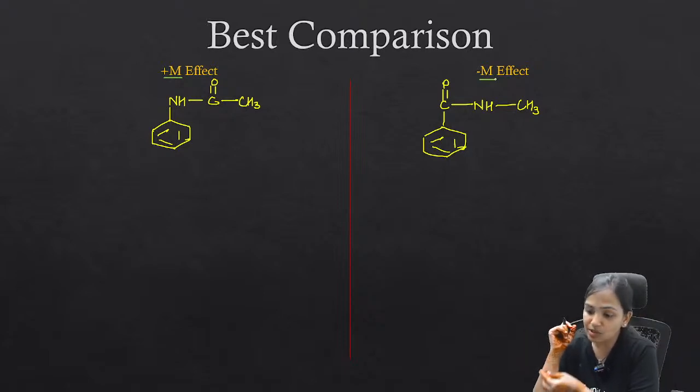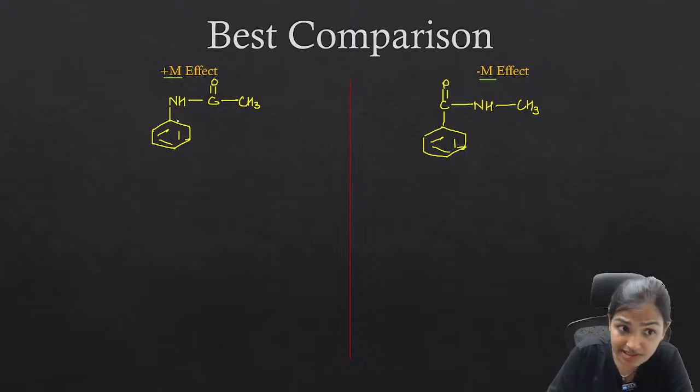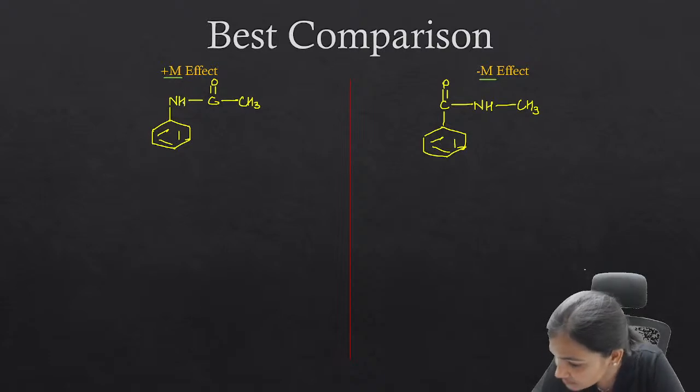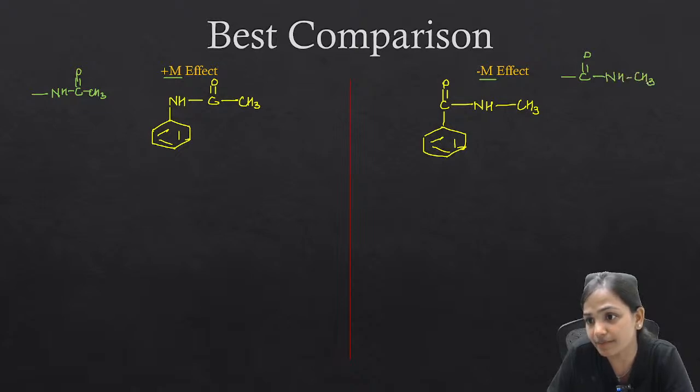Because we have to see the polarity between the conjugated system and the atom. Nothing changes, yet there is a much change. This is the NHCOCH3 group, NH-C double bond O-CH3, and this is C double bond O-NH-CH3.